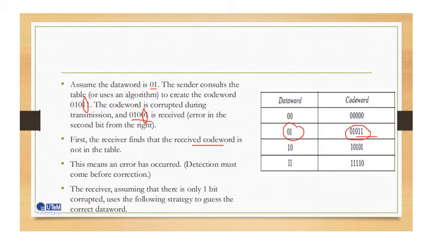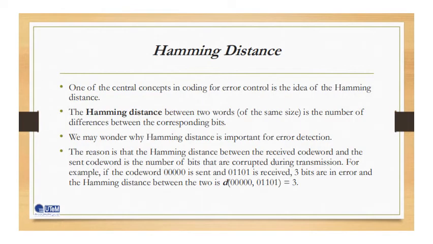That brings us to the next step, the strategy of error correction. For error correction, we have some concepts and techniques we use: Hamming distance, parity check bits, and so on.